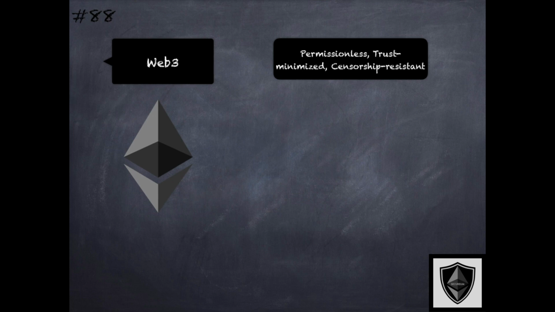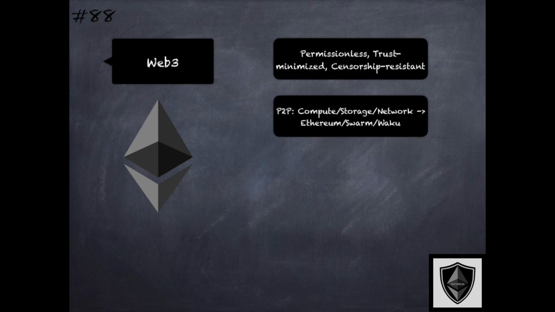Now this vision is what really drives Web3, and this has implications to the underlying architecture, and we talked about this from a peer-to-peer context, which is very different from the client-server paradigm of the Web2 context, where the peer-to-peer applies not only to compute but also to storage and network.